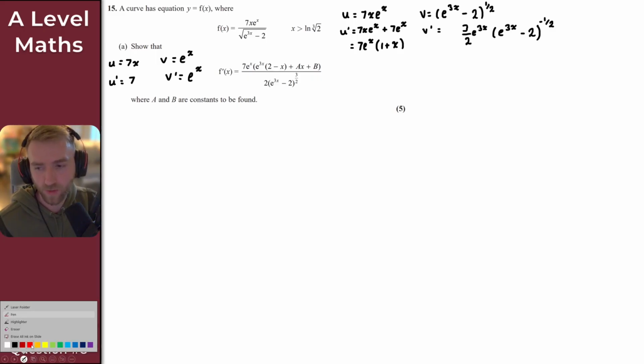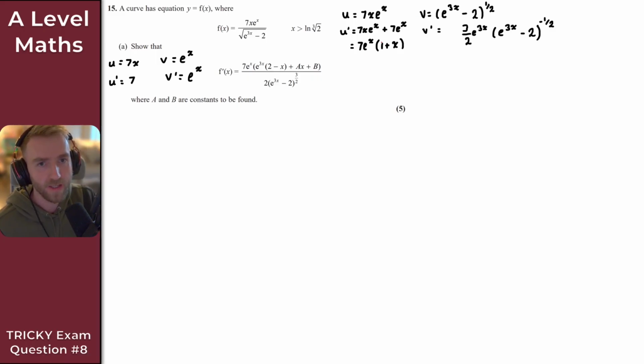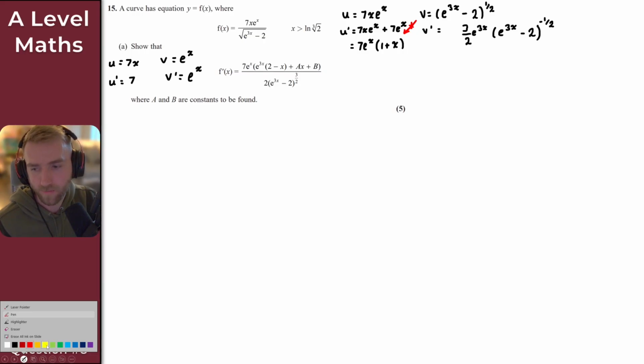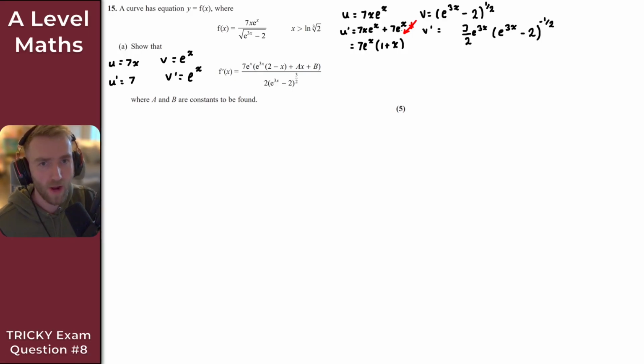So for the quotient rule, I do v times u prime, times these ones together, like so. And then I do v prime times u, and we subtract that from this one. Okay, we times those together as well. So what do we get here?